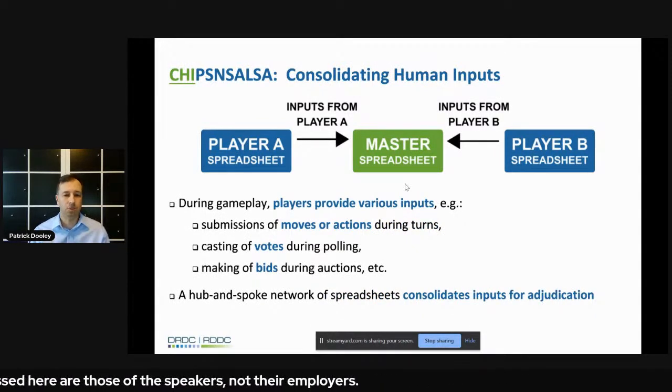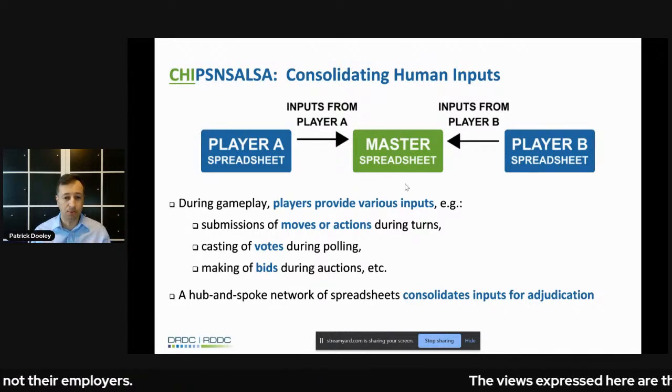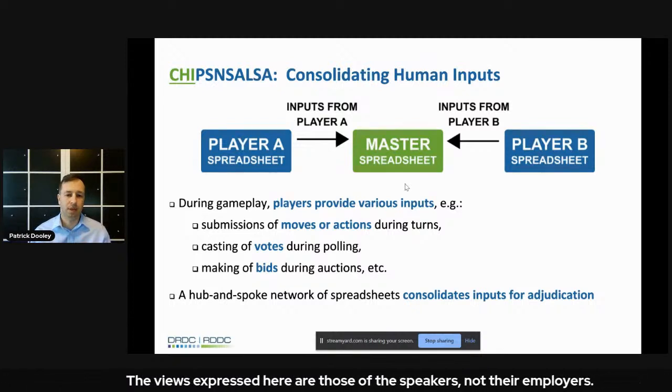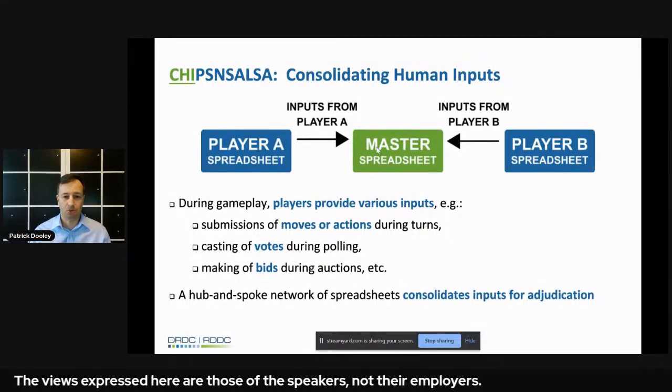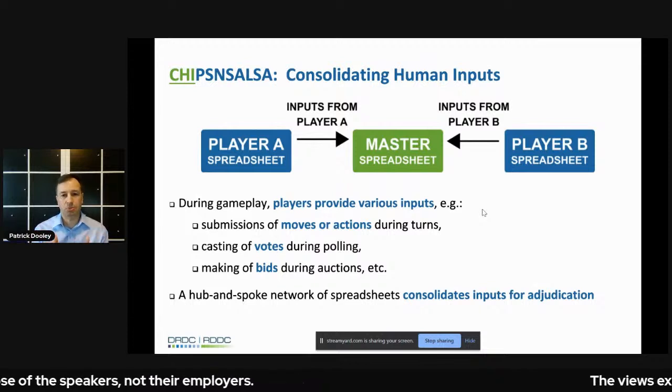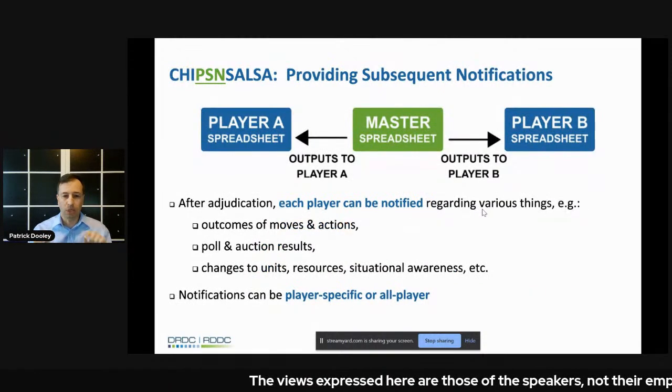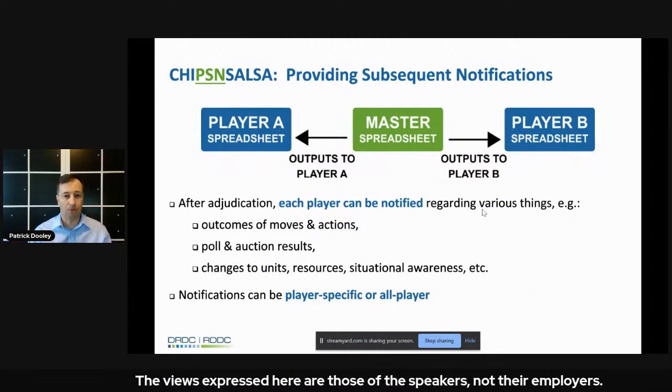So, consolidating human inputs. During a game, players provide inputs of various kinds. For instance, they may submit moves, they may cast votes, they may make bids, depends on your game design. Because we have a hub and spoke network of spreadsheets where they're all directly connected to the master spreadsheet, the master spreadsheet naturally consolidates all of these inputs for adjudication. After adjudication, we can just turn those data flows the other way around.